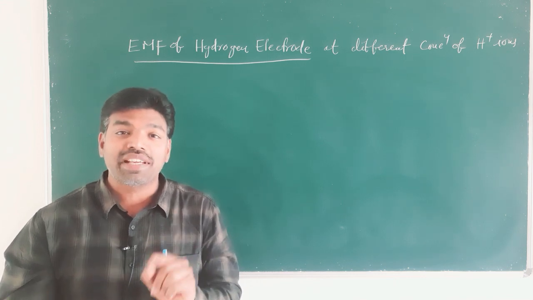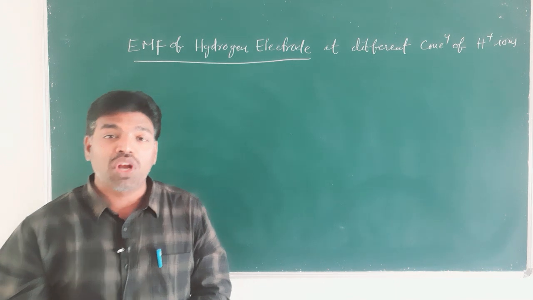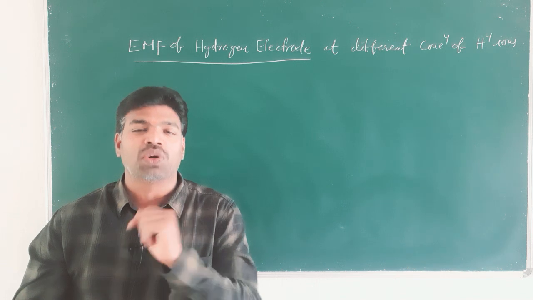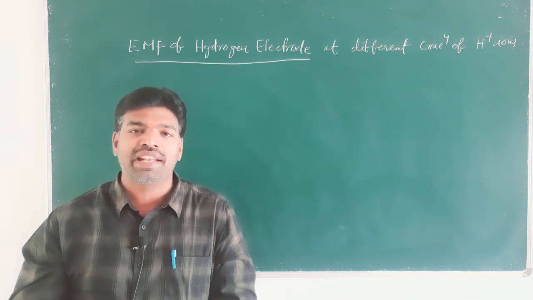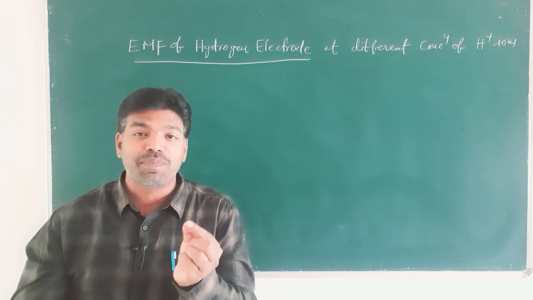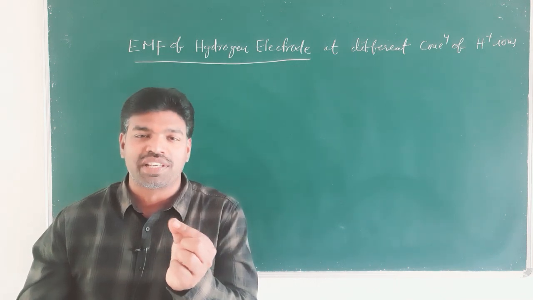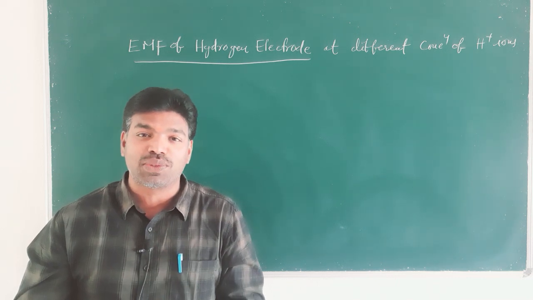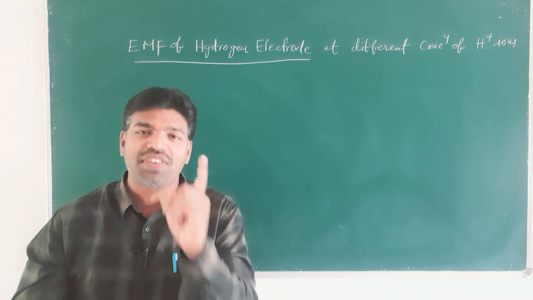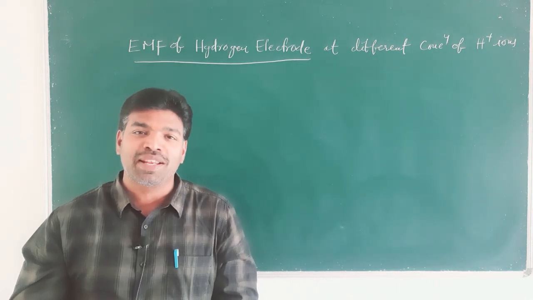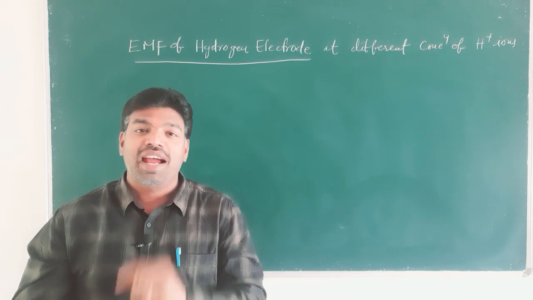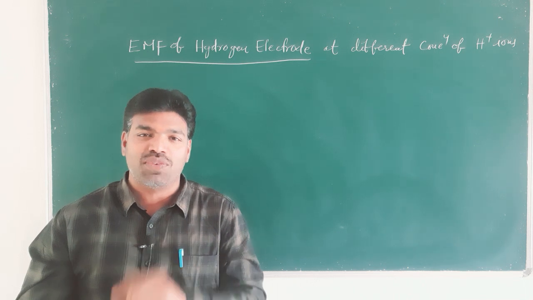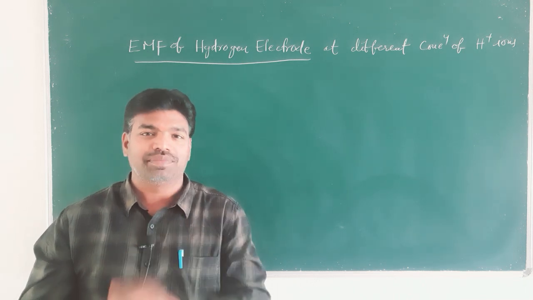Moreover, we cannot measure the potential of a single electrode. From the last classes we learned that if we want to measure the potential of a single electrode, it should be combined with a standard hydrogen electrode to construct a cell, and then the EMF of the cell is equal to the potential of that electrode.